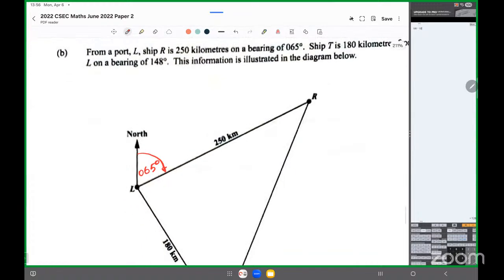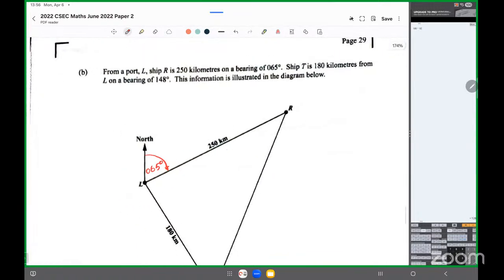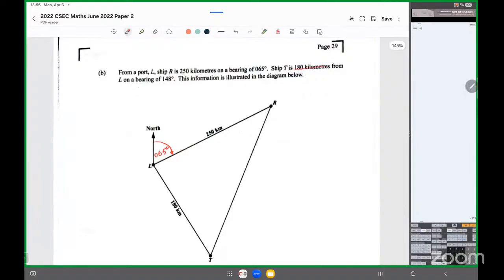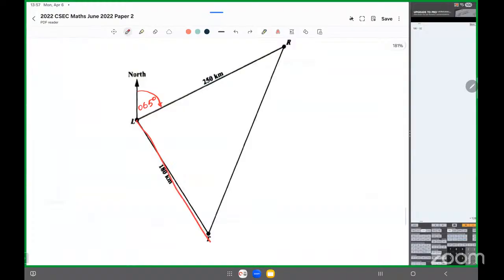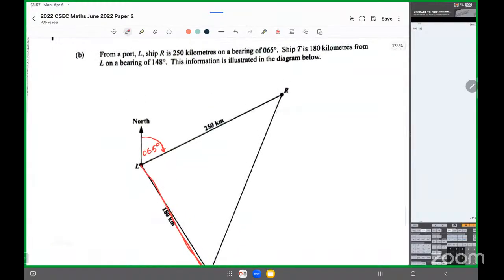All right. It says ship T is 180 kilometers from L again, and that one is on a bearing of 148 degrees. So again, the bearing of this direction down to T is 148 degrees. Again, it's from this north line clockwise down to this direction.